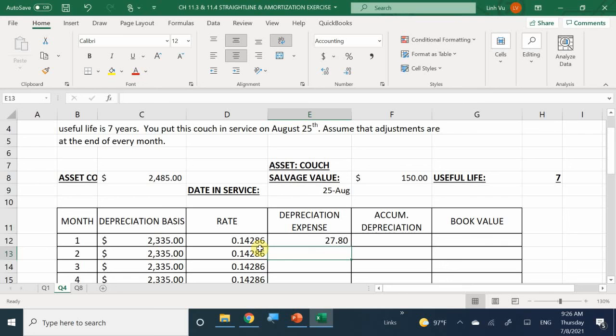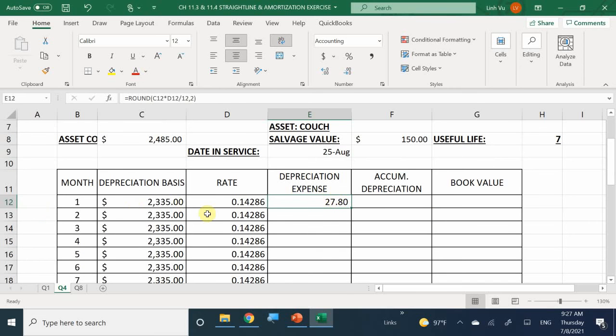Okay, so for the first month, which is going to be September, I'm going to depreciate this for $27.80. And once again, because we know that this is for the first month, what's going to be my second month of depreciation?